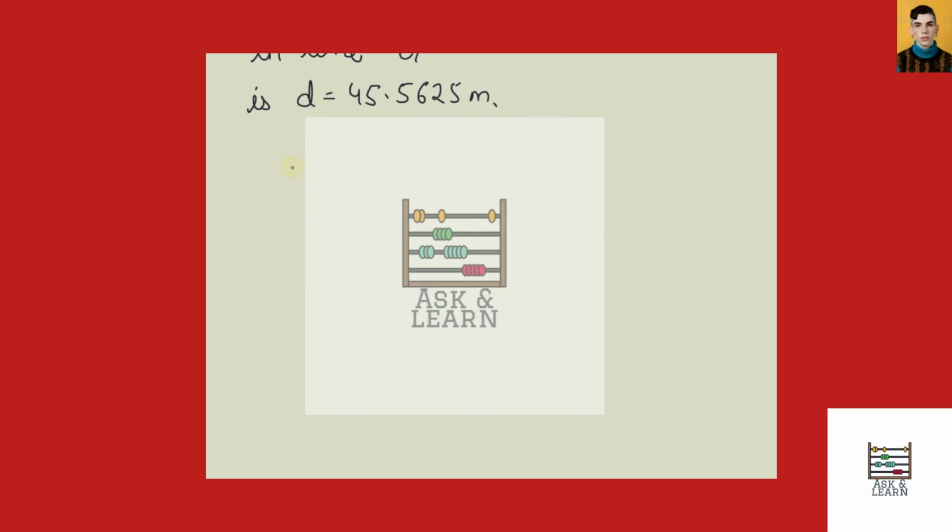So now let us see D prime. The remaining distance is D prime, that is 124 minus 45.5625. So this remaining distance turns out to be 78.4375 meters. Now this distance would be covered with a constant speed, because they have mentioned that it is zero acceleration. Zero acceleration means constant speed.